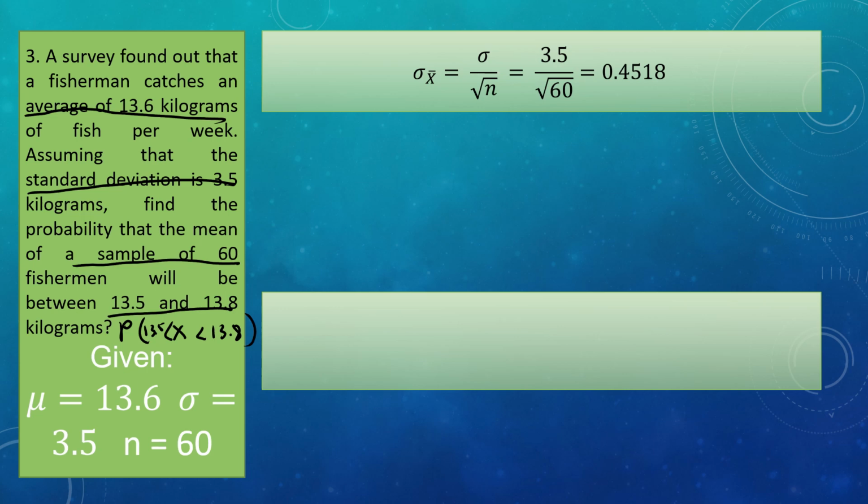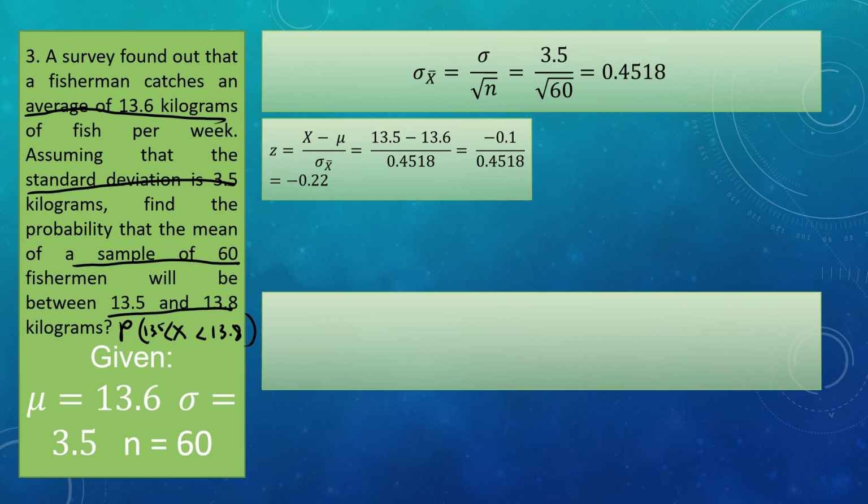Now, let's find the Z values. For the first value of x, which is 13.5, it will be 13.5 minus 13.6, which is equal to negative 0.1, divided by 0.4518, that is equal to negative 0.22.